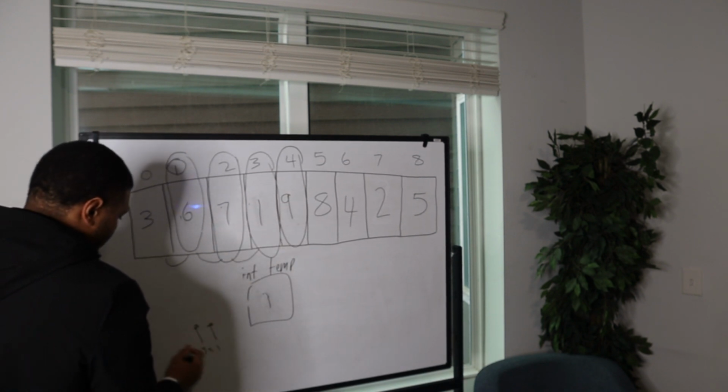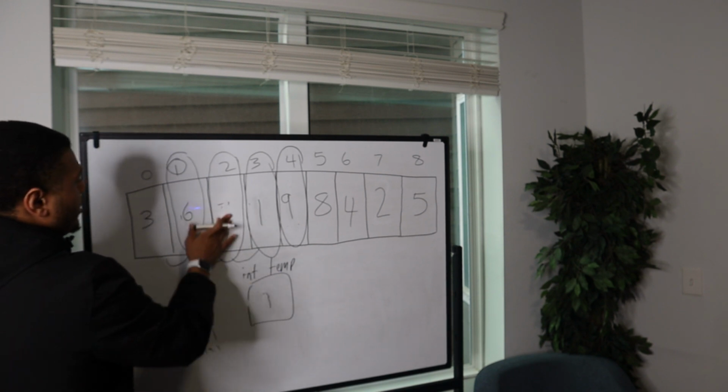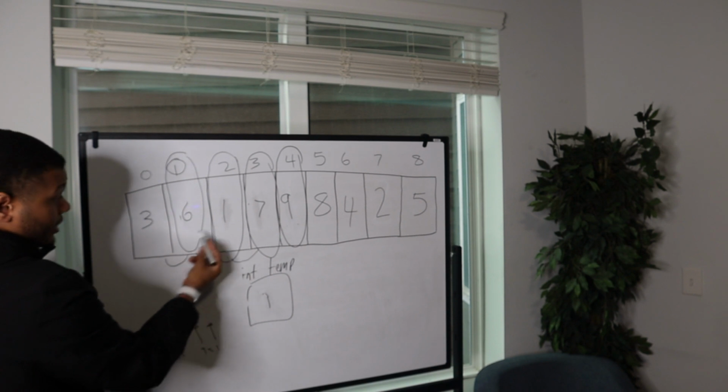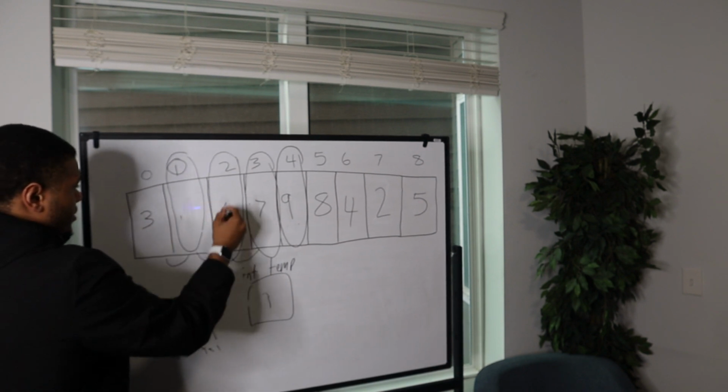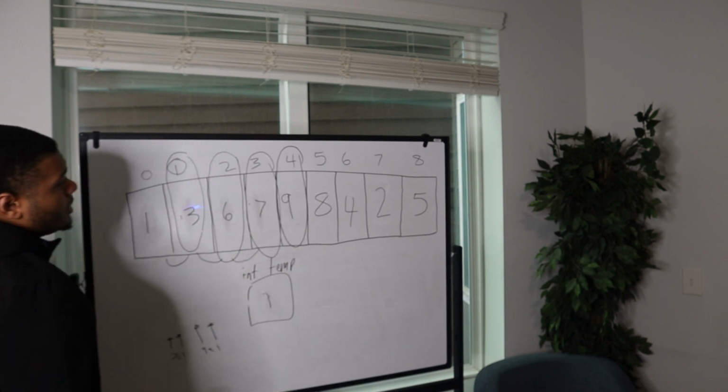Now 1 and 7, 7 is greater than 1. 6 and 1, 6 is greater than 1. 1 and 3, 3 is greater than 1. So then that is the end of that iteration.